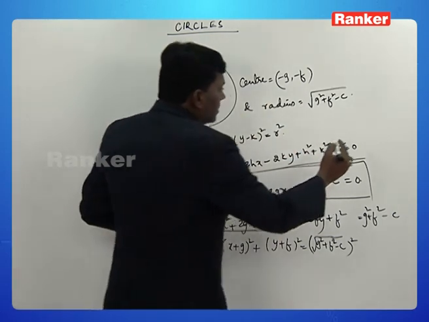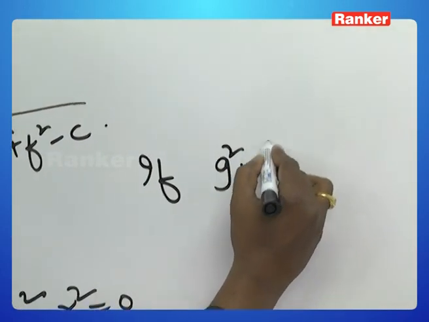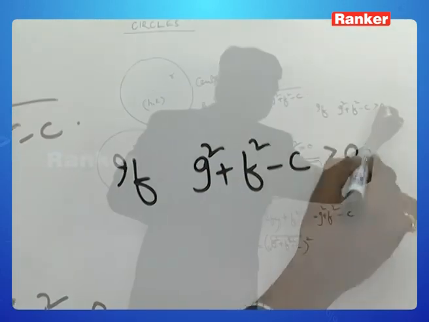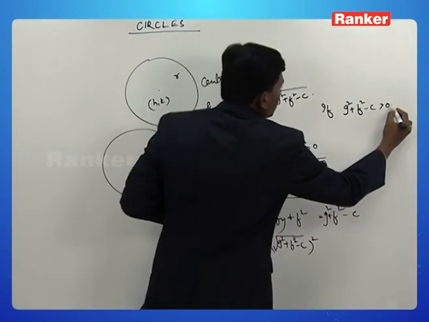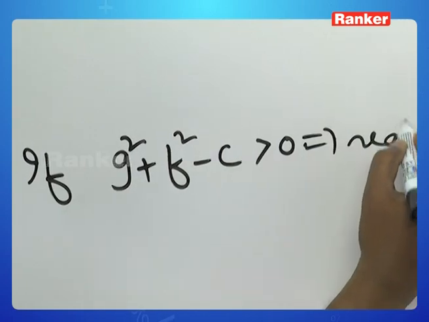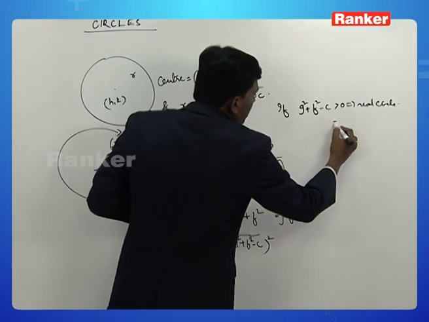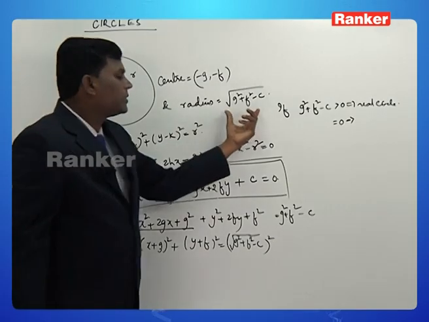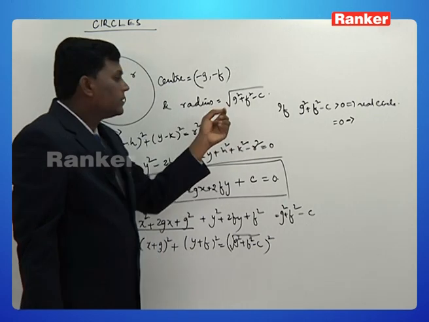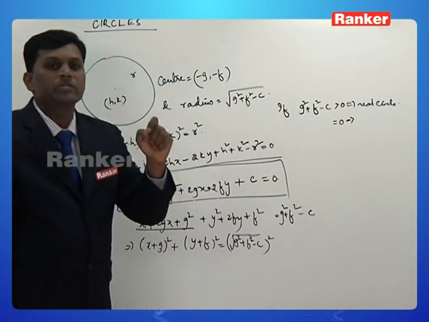Here, if g square plus f square minus c is greater than 0, then it is representing a real circle. If this value equals 0, the radius is 0, then the circle can be taken as a point circle, which is real on the plane.